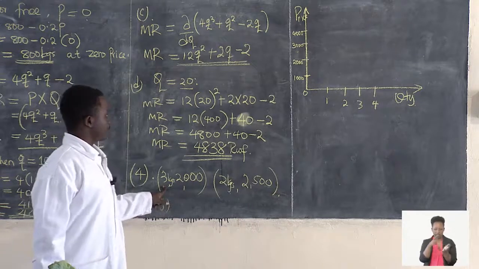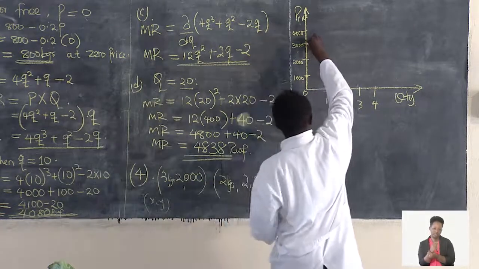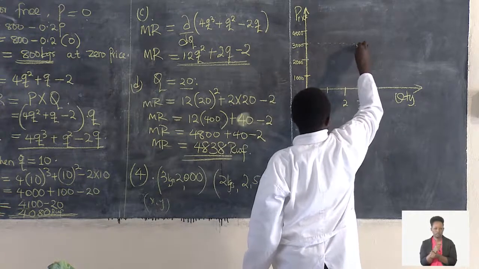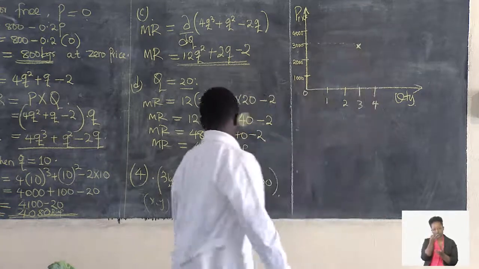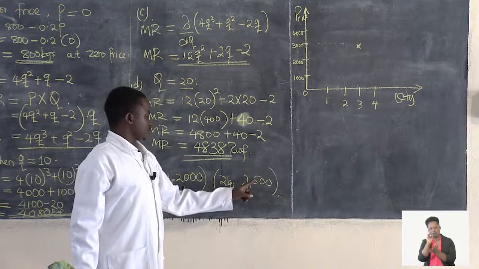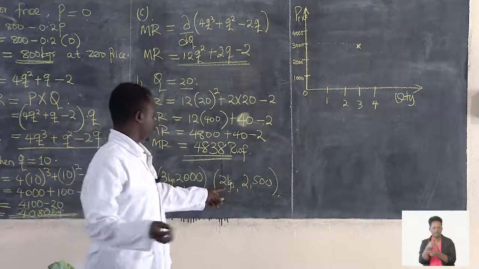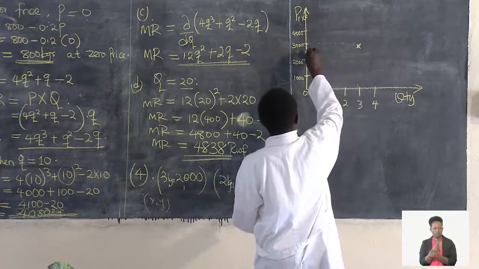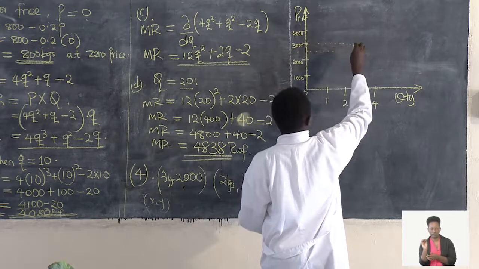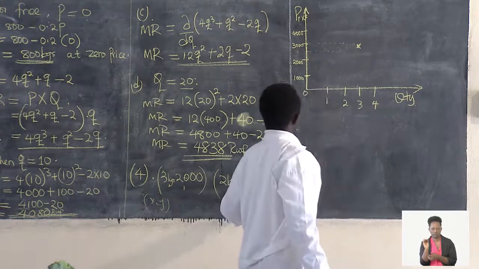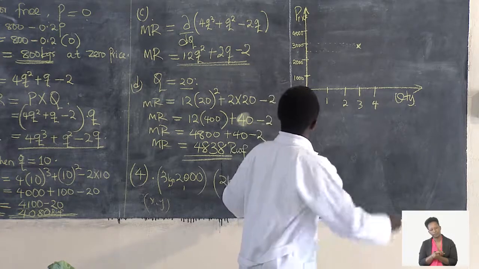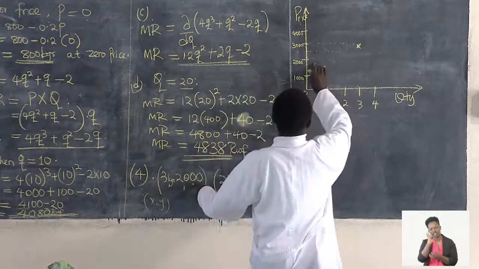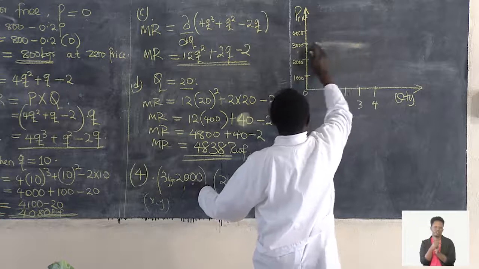Then when the price increased to 2,500, quantity demanded reduced, you can see, to 2 kilograms. 2,500 is around here, so you have to estimate it very well and plot it well.